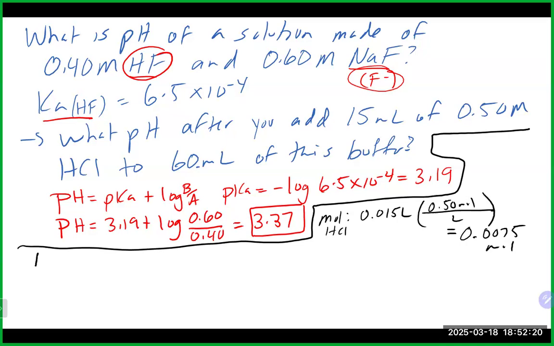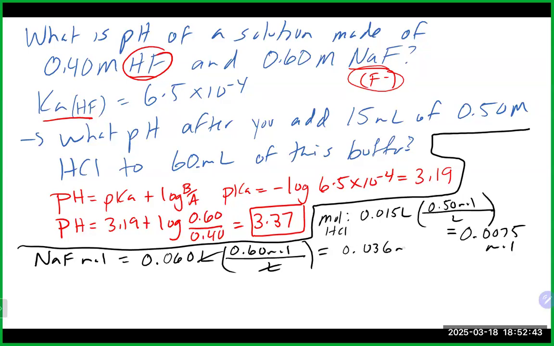We also need the moles of everything else there. So why not sodium fluoride moles? We have 60 milliliters of our buffer, so 0.06 liters times the molarity of our sodium fluoride, 0.6 moles per liter, so the liters cancel. That gives us 0.06 times 0.6, 0.036 moles of our sodium fluoride.